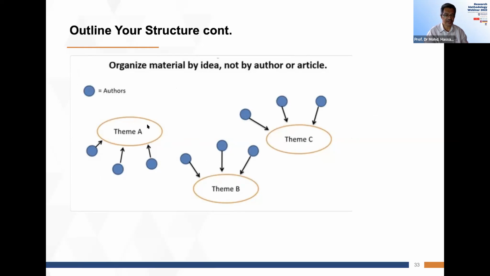These authors may speak on the same theme, and theme B is based on what the other 3 authors are talking about. So your discussion is based on theme, right? It can be 1 paragraph or 1 section for 1 theme, or 1 subsection of 1 theme. It's all up to you.